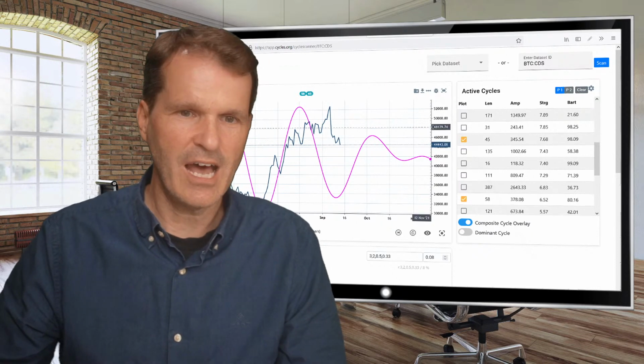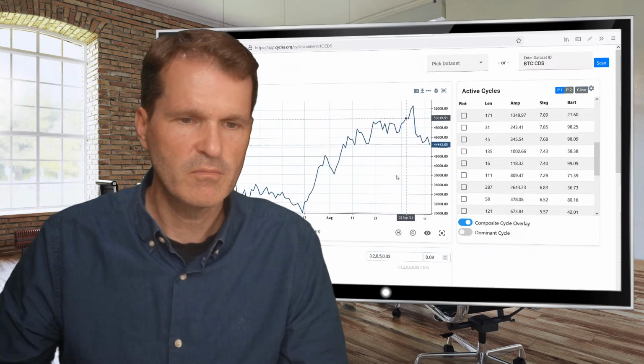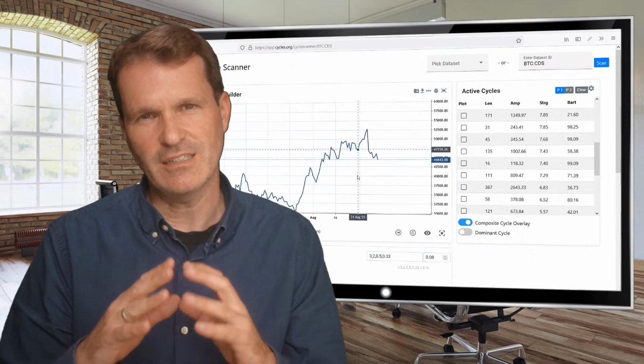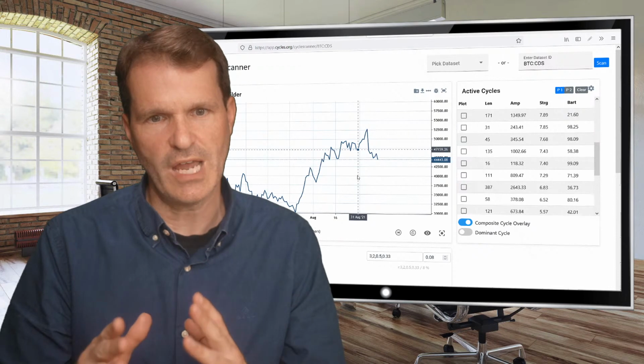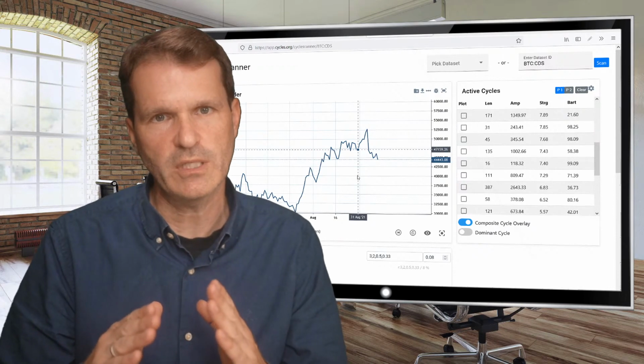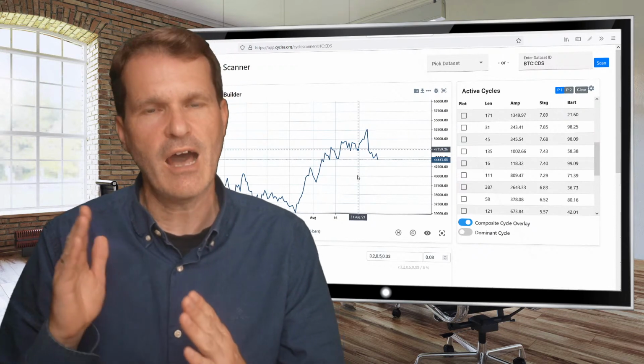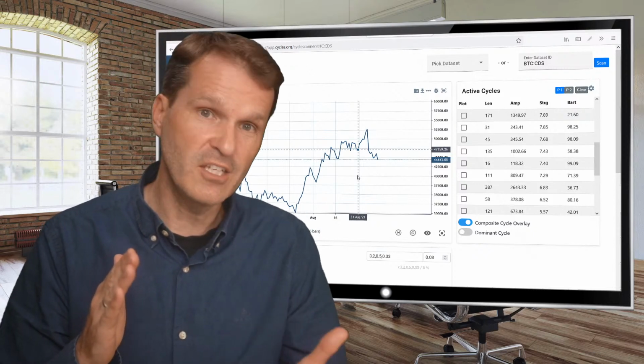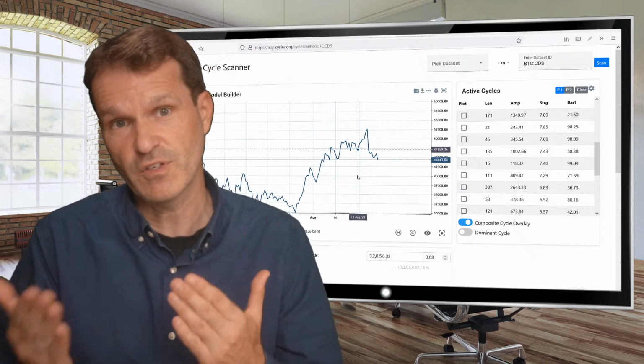So at least they are more or less in sync. There's just a slight deviation between these two cycles. One pointing to a top at the end of September and the other one mid-October. So you don't know if this is the 44 right or the 58 right.